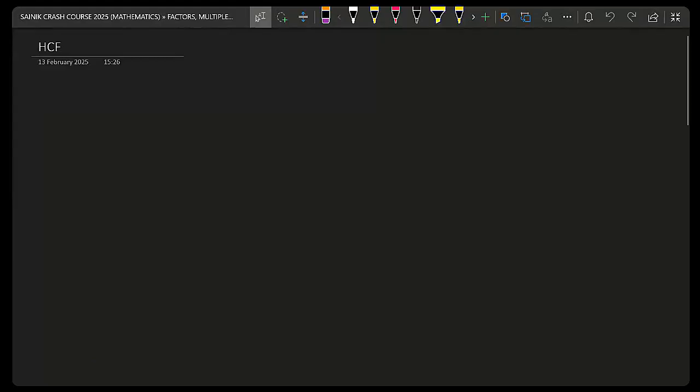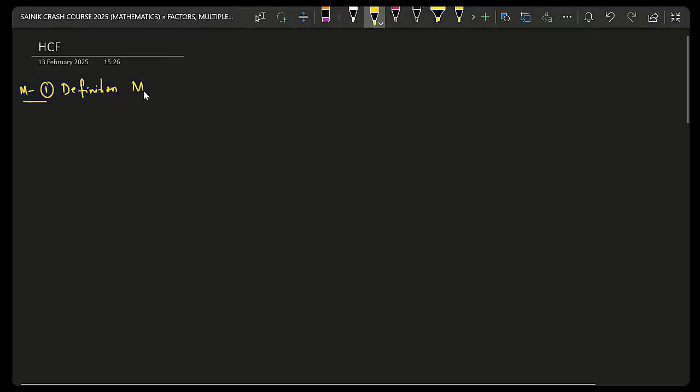Next concept we are going to discuss is HCF and LCM. Today we are going to discuss how to find HCF. To find HCF, we have some methods. Method number one, we call it the definition method.